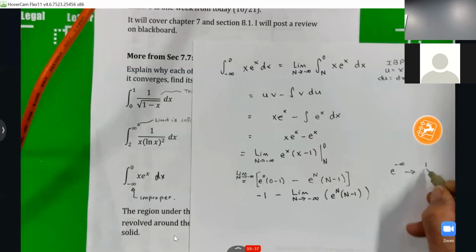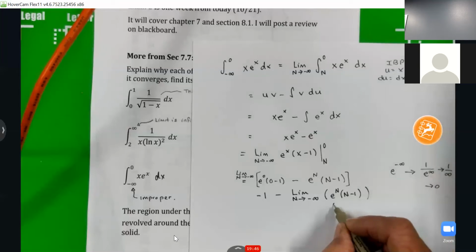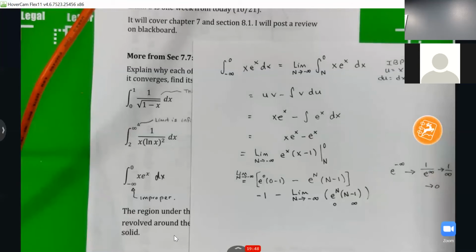That's right. So that's going to go to 0, right? So this term goes to 0, this goes to infinity. If you remember anything from your calculus 1, that's an indeterminate form. 0 times infinity.